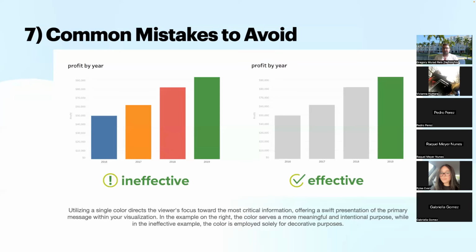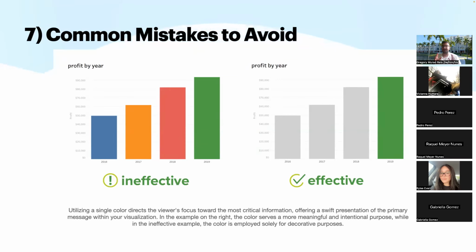Another example of misuse of colors, right, is profit by year. Why am I saying the left one is ineffective? Because the message I'm trying to convey here is that in 2019, we had the best profit year, right? I'm focusing on that one. I'm saying that everything before 2019 was worse than 2019.